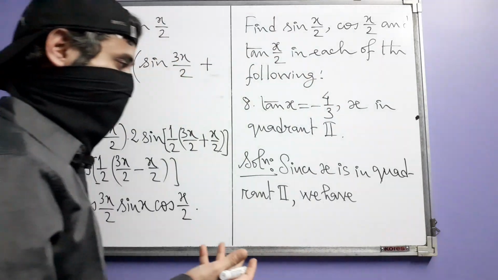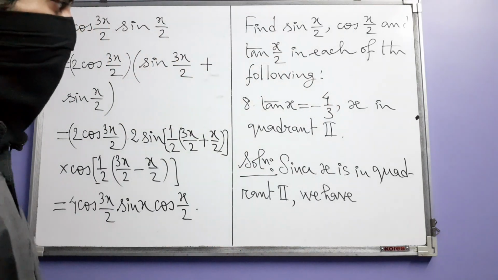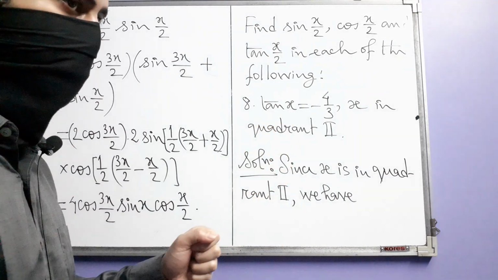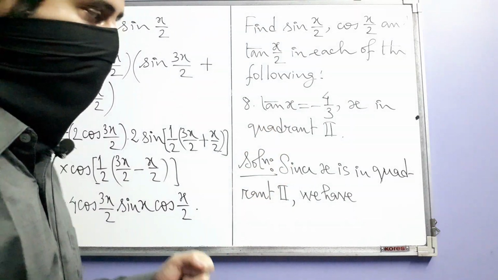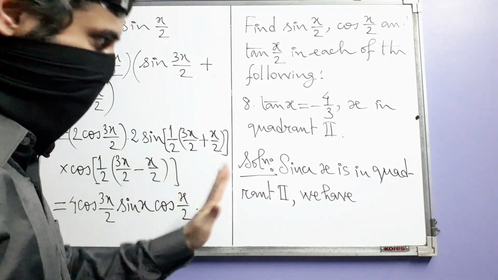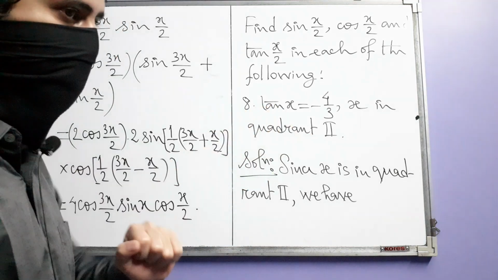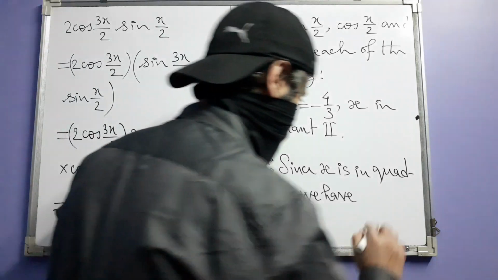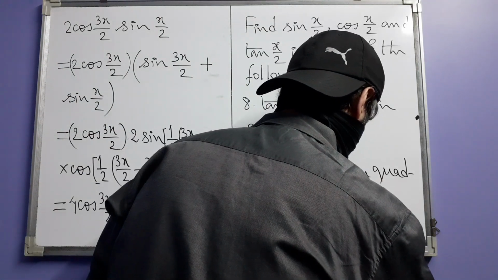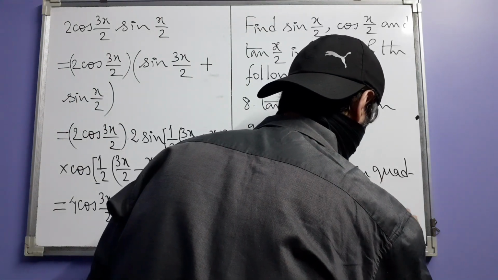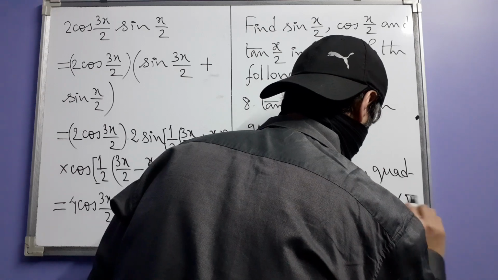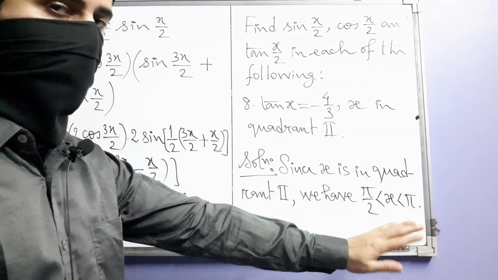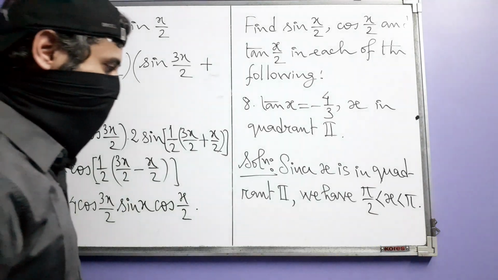We should not think in terms of degrees unless it is explicitly stated that the angle is being measured in degrees. If nothing is mentioned, x is simply x, you have to assume that it's in radian. And that is why we write like this. Being in the second quadrant means having these inequalities.